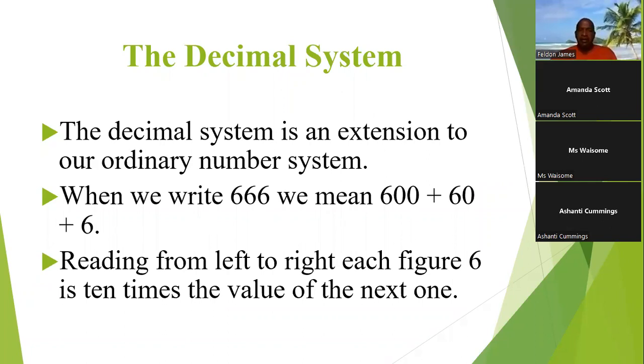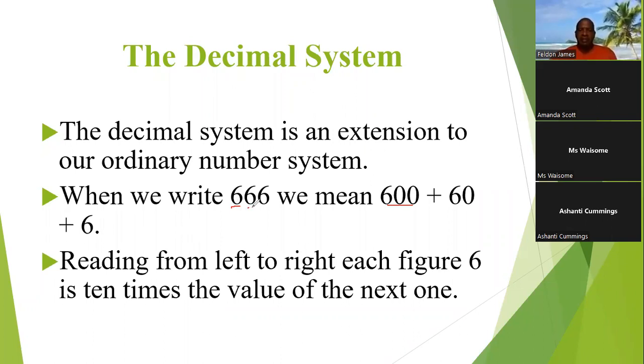Now, if you look at the number 666 in terms of place value, we know that the extreme 6 to the left would mean 600. The 100 would be the place value where that 6 is.